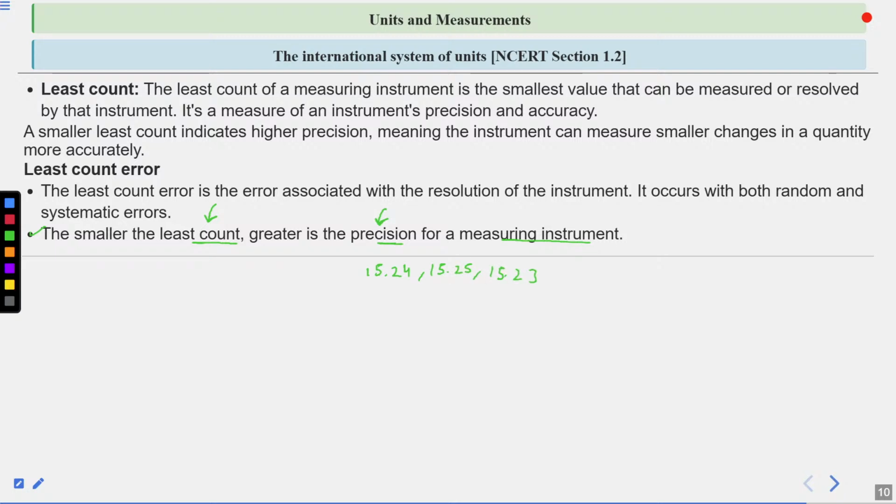It means there are three values that are very close to each other. Another student finds the values 15.25, 15.24 and 15.22. So these are also very close to each other.